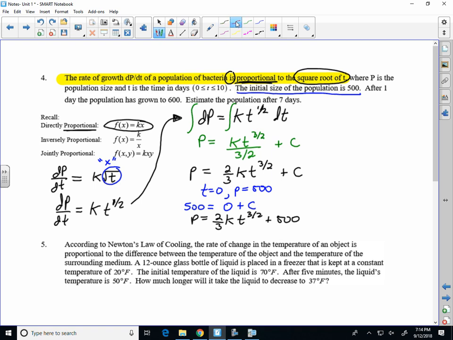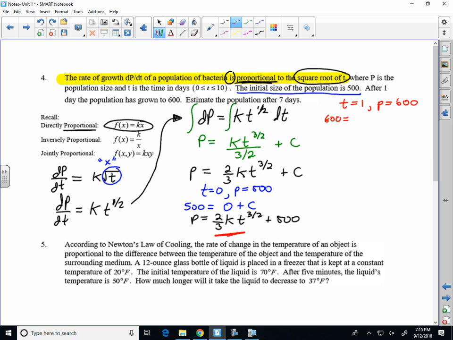All right, so now I know that when t is equal to 1, p is equal to 600. So I could say 600 is equal to, so I'm plugging in a 1 here. That cleans up, not as nicely as plugging in a 0 would, but it cleans up all right.